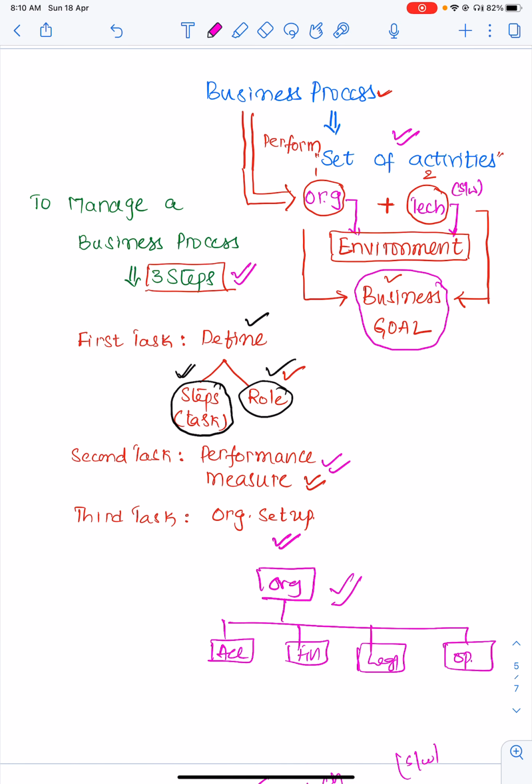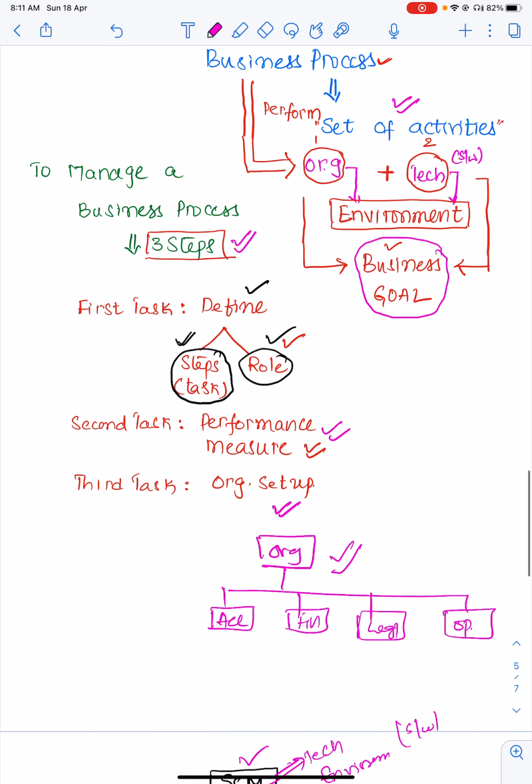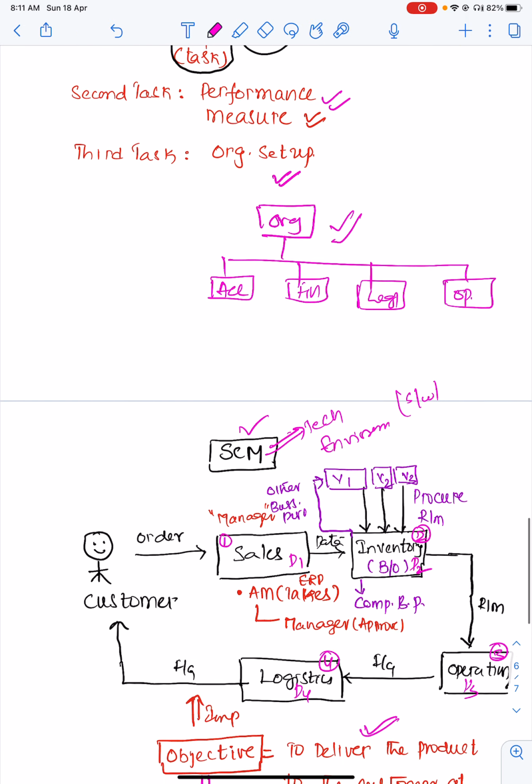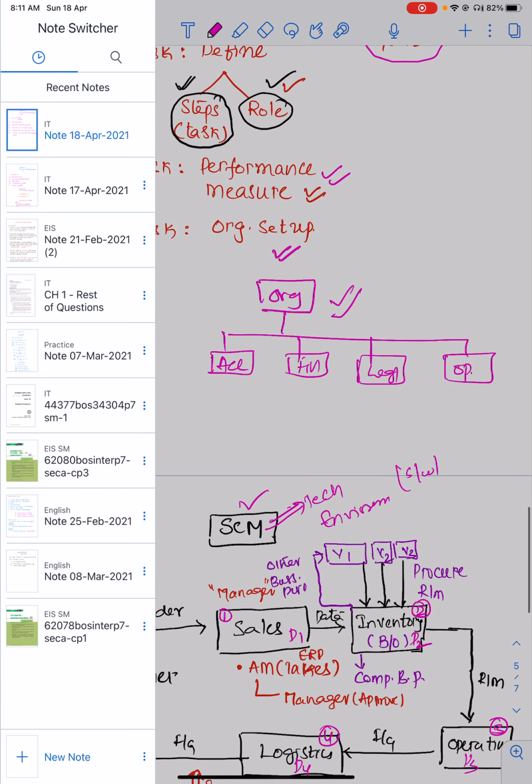It consists of a set of activities which are performed in organizational environment and technical environment for the purpose of achieving a business goal. This is the third one which we have to learn. So let us study.